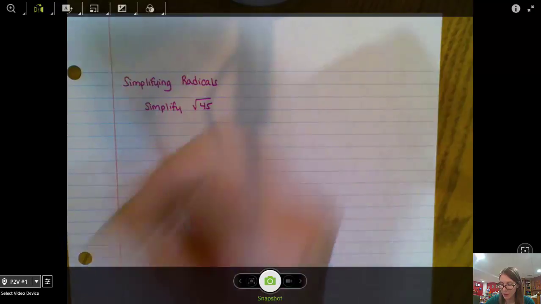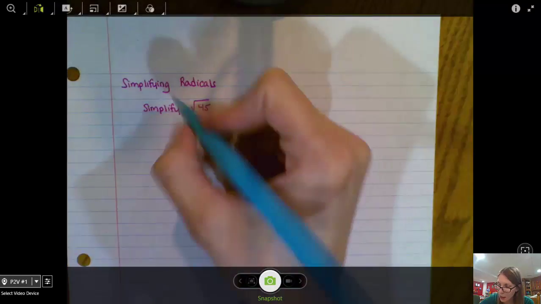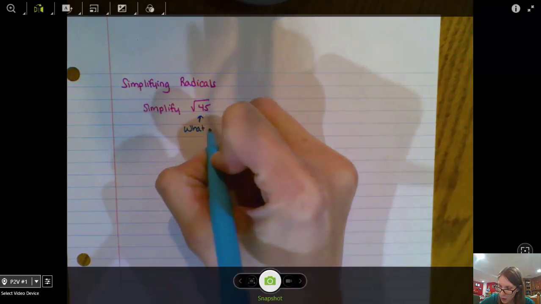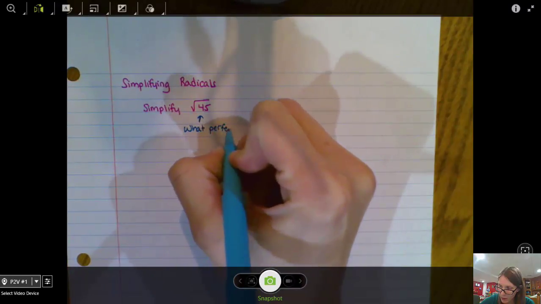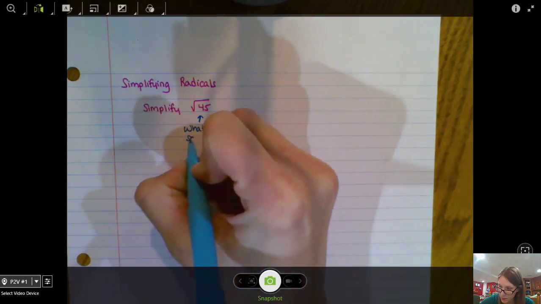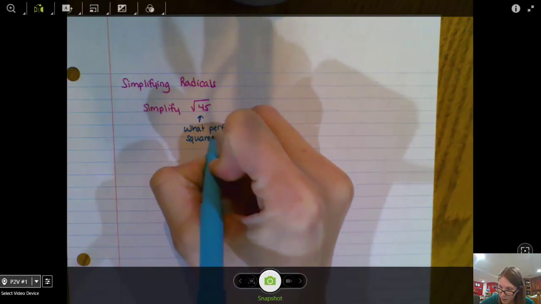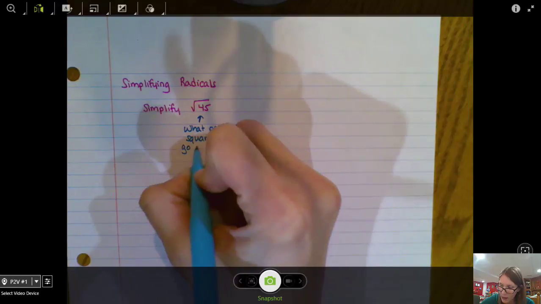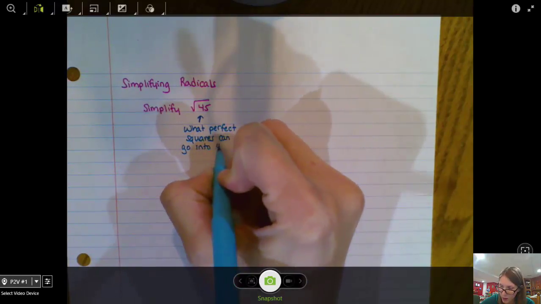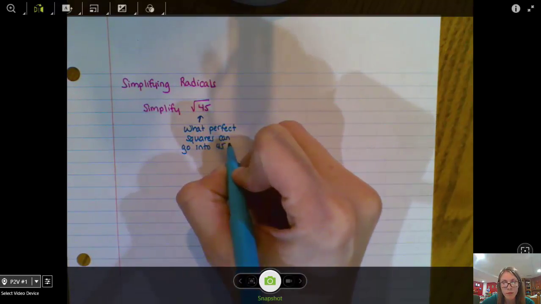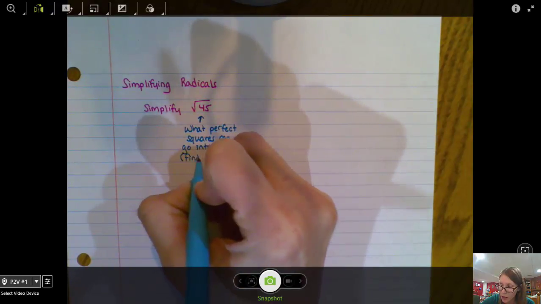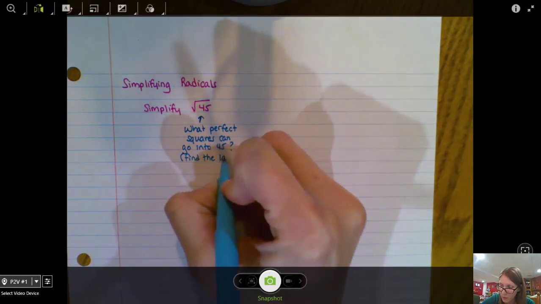My first method is to think about what perfect squares can go into 45. Specifically, we want to find the largest perfect square.